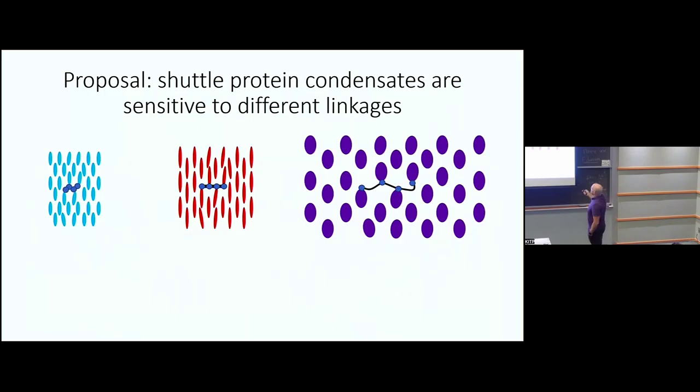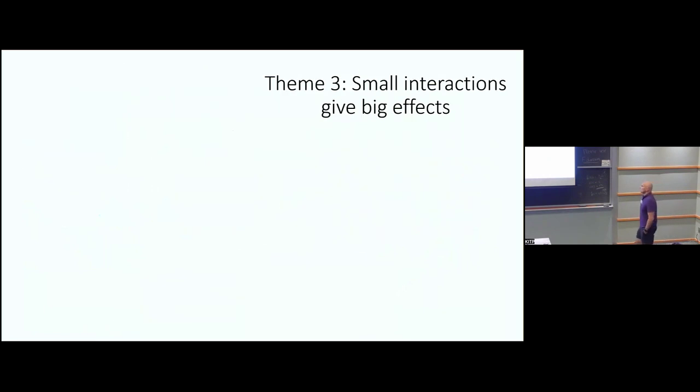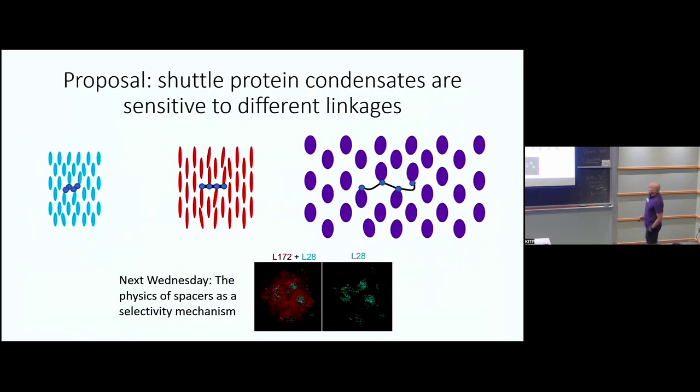It's this spacing of the condensed phase that is more sensitive to phase separation depending on the polyubiquitin chain that you use. And I'll take this moment to put in a teaser that next Wednesday, for those of you that are around, using this sort of spacer density as a mechanism for selectivity is one of the topics I'd like to talk about.